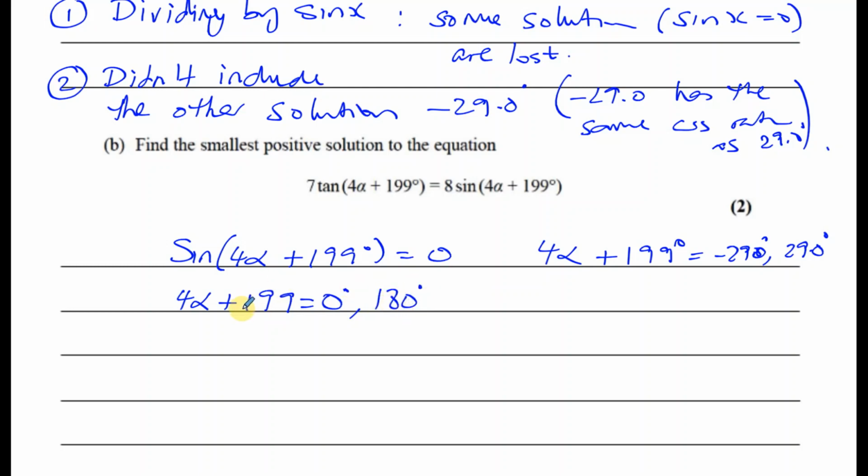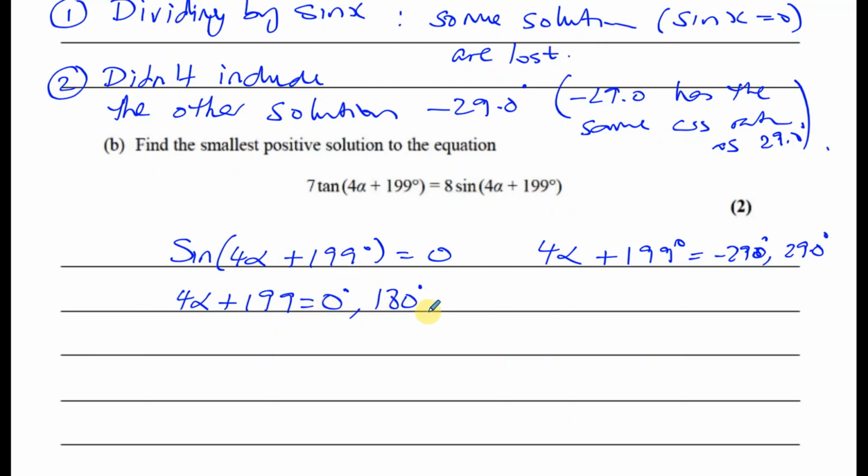And 180 minus 199 would be negative again. The two main solutions are given by shift sine of 0, which is 0, and 180 minus that, which gives you 180. Then 360 away from all of these, before and after, will give you the next solution.